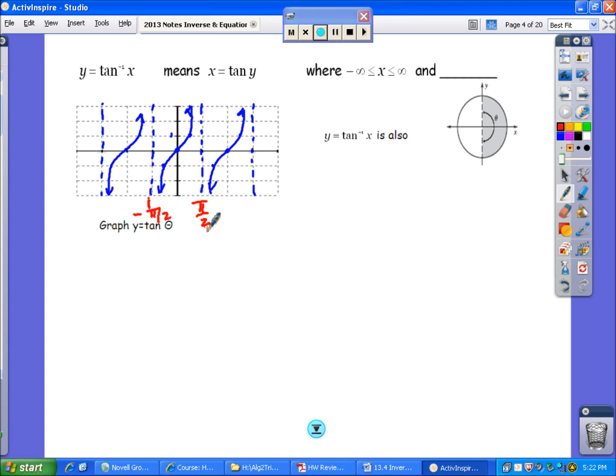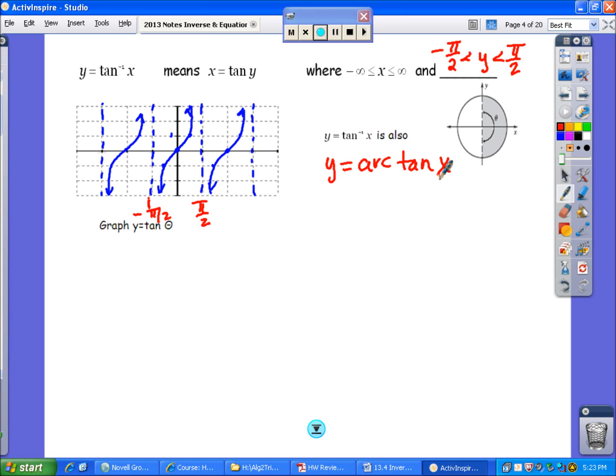But negative pi over 2 and pi over 2 are asymptotes, so that means this is open. So we're from negative pi over 2 to positive pi over 2. Where it was closed in sine, it's now open in tangent because there are asymptotes at pi over 2. All right, other notation, the inverse tangent can also be written as y equals the arctangent of x. And you should be able to understand either one of them, that kind of notation.